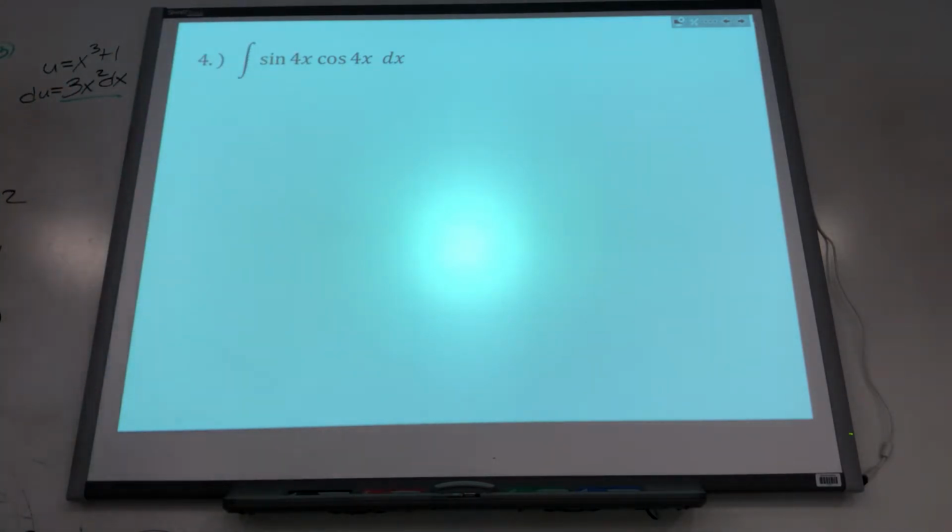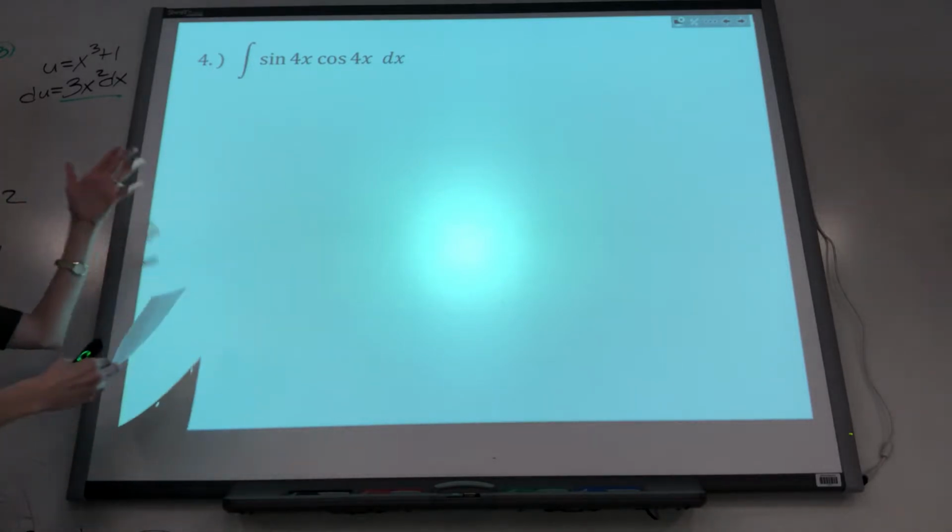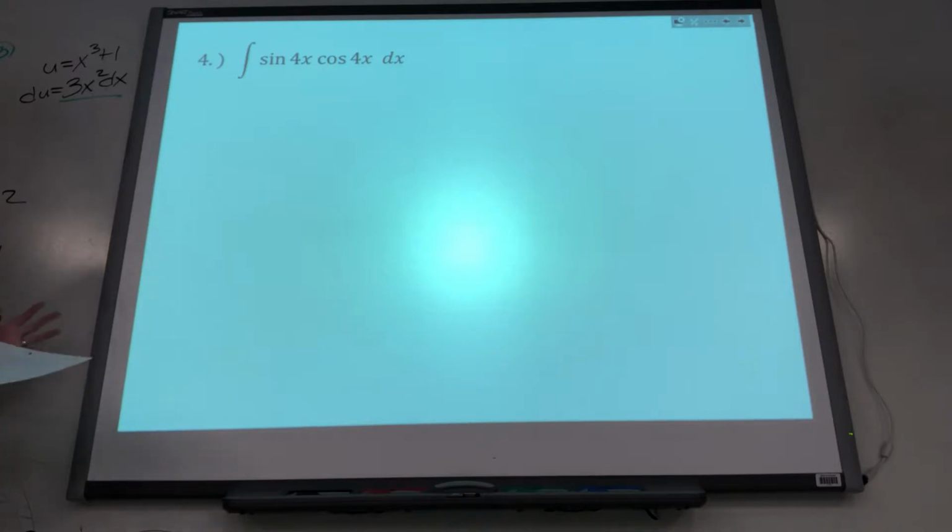No, the only ones that had 2 were secant of x, tangent of x. And the other one was cosecant of x, cotangent of x. We don't have a sine times cosine. And so this will have to be done a little bit differently.